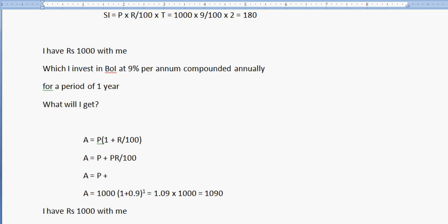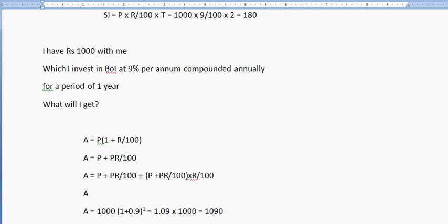So amount would be principal plus PR by 100 plus interest on this amount, which is equal to P plus PR by 100, this whole multiplied by R by 100, into 1. So we'll not take that. So this is the amount which we would get.